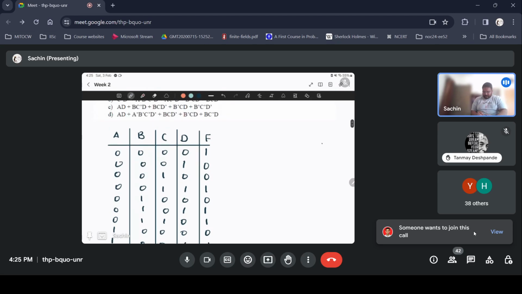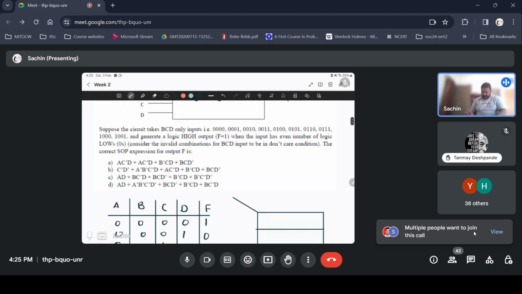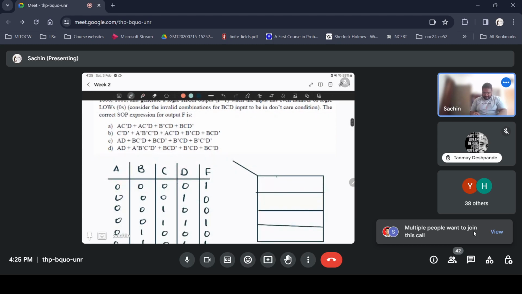And looking at the truth table, we can write the K-map for this. And remember, in the question they have asked the correct SOP expression for the output. So we need to consider the min terms, the product terms.